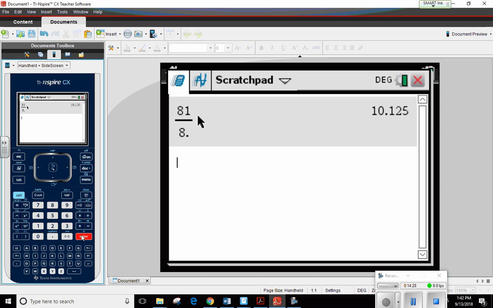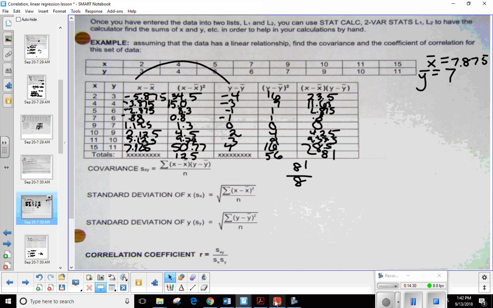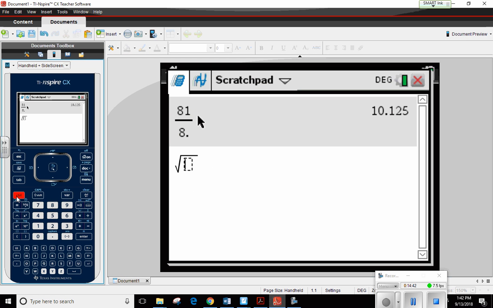Now let's go ahead and figure out the standard deviation for the x's. So we've got the sum of those square differences. We got 125. So I'm looking for the square root of 125 eighths. Okay. So the square root, control divide, 125 eighths. Okay. So the standard deviation for the x's, I'm getting 3.95.